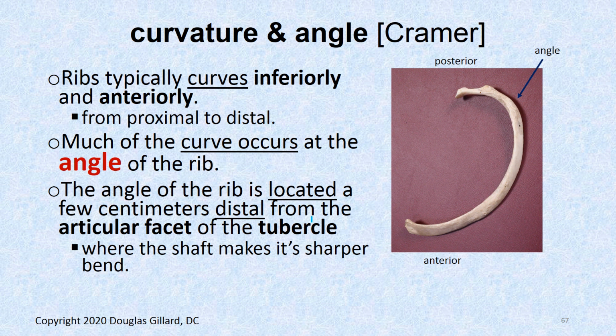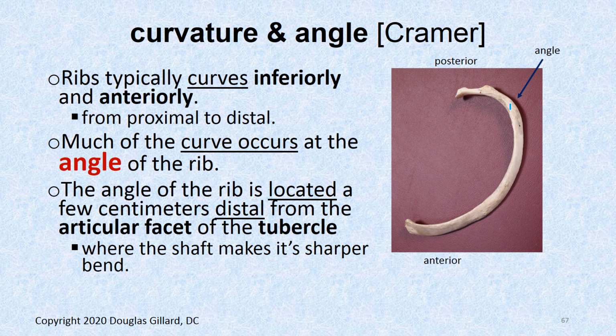So curvature, we talked about this a little bit. Which way's front? This is flat, so that's always front. Flat, F for front or anterior. You can see the angle quite nicely. There's no sharp curves until you get right in this region here, so that's the angle right there. So ribs typically curve inferiorly and anteriorly from proximal to distal.